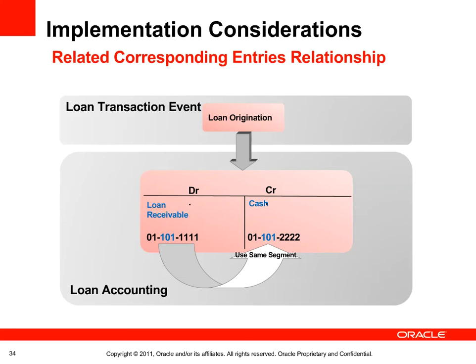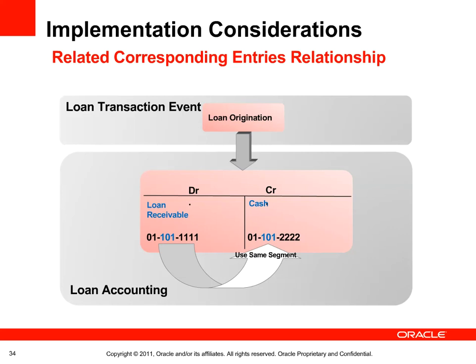You can set up journal entry relationships so that related debit and credit lines share certain values. For example, assume that for a loan origination entry, the cash account is required to have the same cost center segment value as the loan receivable account. By defining a related corresponding entry relationship in the journal entry rule set, you can satisfy this requirement.